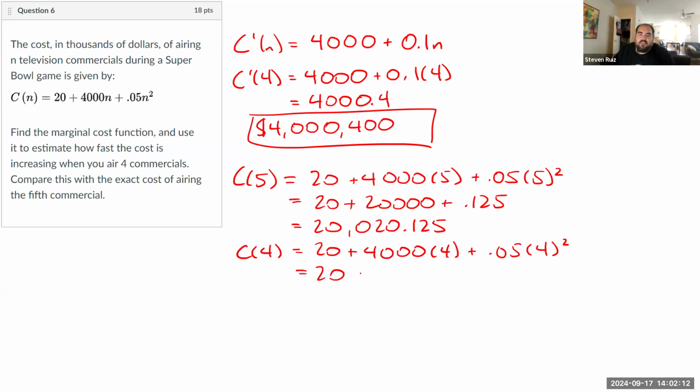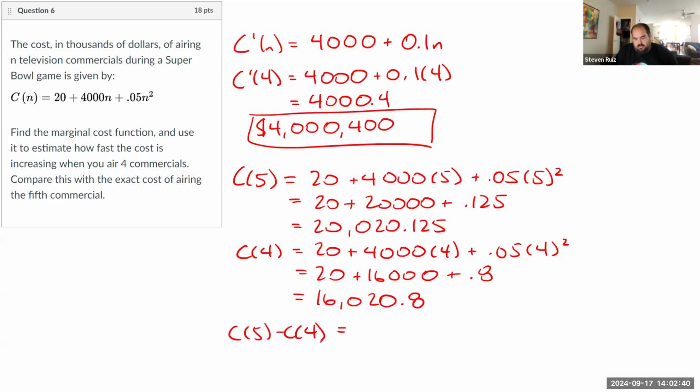So 20 plus 16,000 plus 16 times 0.05, which is 0.8. So that comes out to be 16,020.8. So what's the difference there? So C of 5 minus C of 4 is equal to what? 20,020.125 minus 16,020.8.